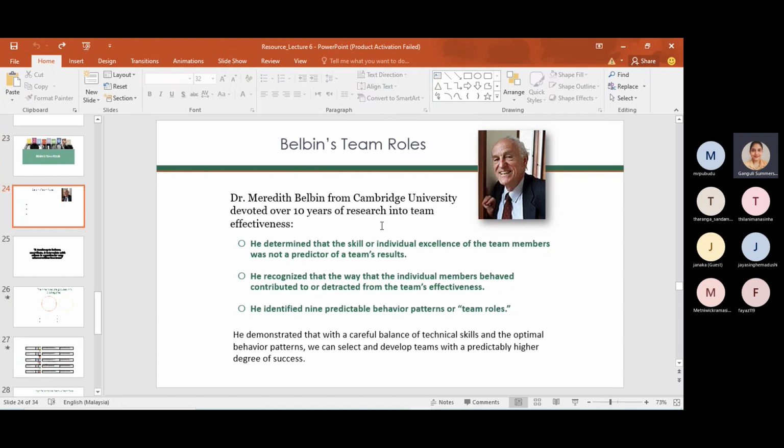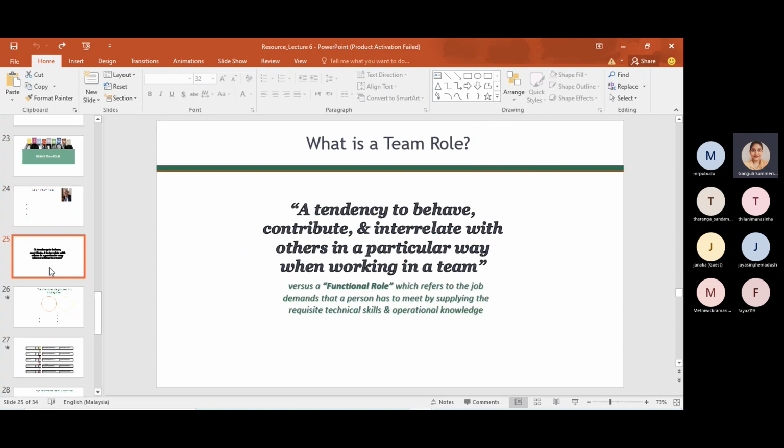Belbin's team roles are a set of behavioral patterns that Dr. Meredith Belbin observed in team members when they are working as a team. So what is a team role?